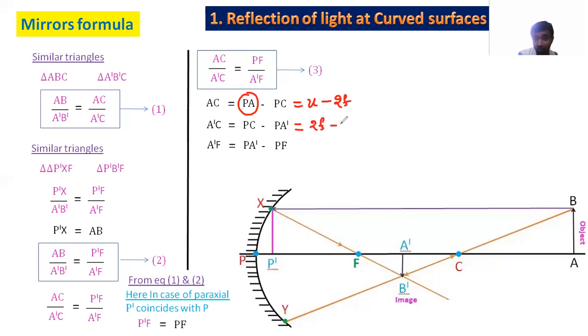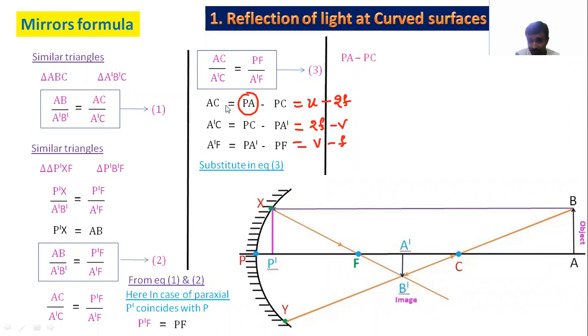It is pole to the image distance, V. And PF is what? Pole to the focus, right? That is focal length. So these we are substituting in the equation 3.